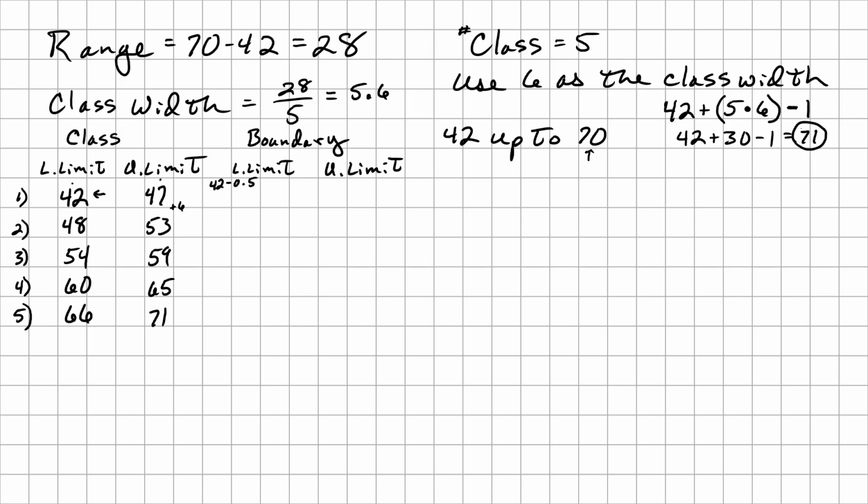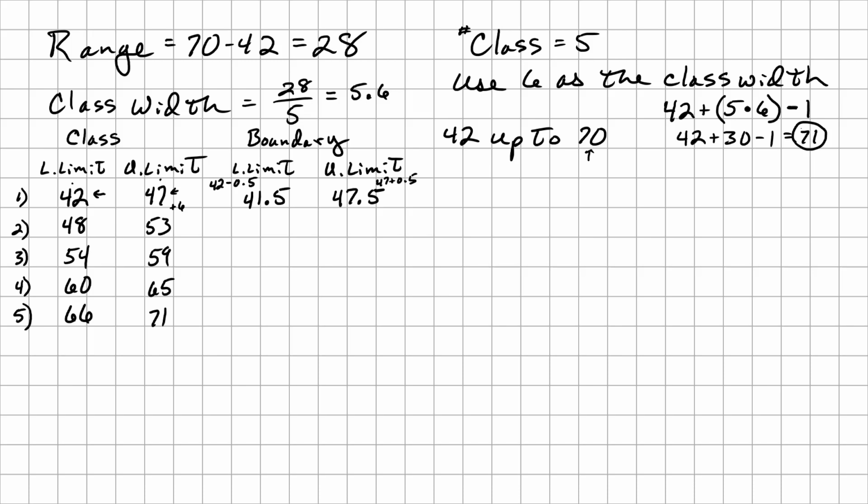I'm going to subtract 0.5 from that, 42 minus 0.5, and that will give me 41.5. I'm going to do the same thing for my upper limit. I'm going to add 0.5 to 47 because it's going to be on the other side. So we'll write 47 plus 0.5, and that will be 47.5 for my upper class boundary.